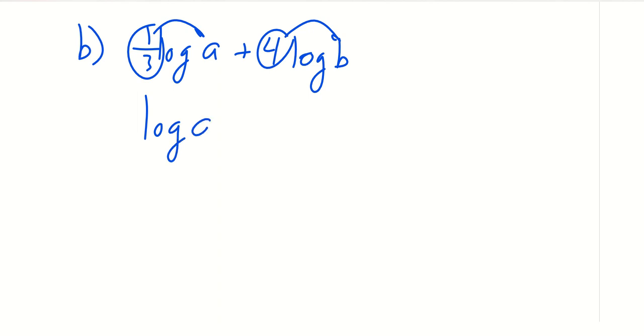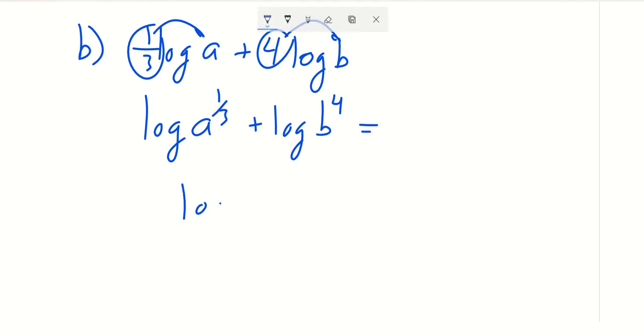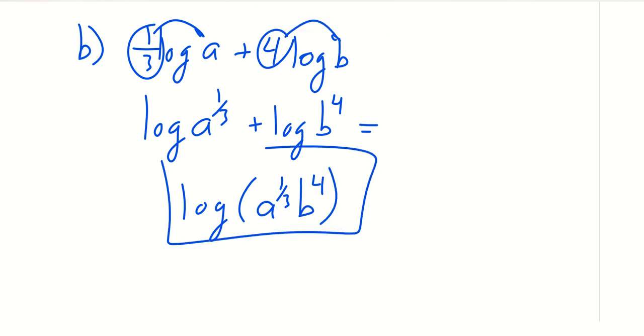This is going to be log of a to the 1/3 plus log of b to the 4th power. And now that we have the coefficients cleared out in front, we can use the product rule to say that this is going to be log of a to the 1/3 times b to the 4th on the inside.